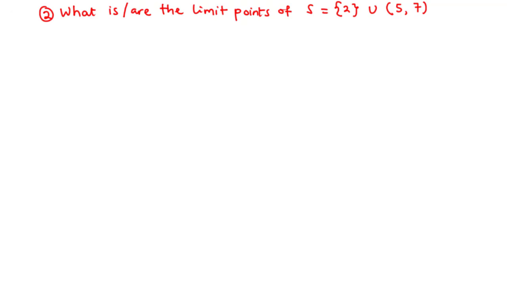Now to example 2. What is or are the limit points of S, which is equal to a single element 2 union the open interval 5, 7? Now let's try to represent this set on the number line. So we have this to be the point 2, and then since this is a single element, we are going to represent this with a closed circle.